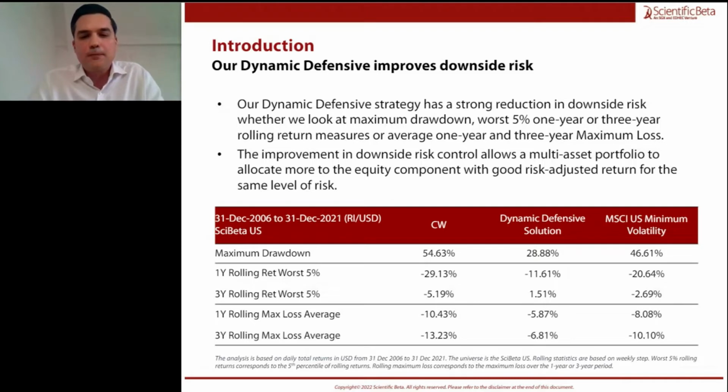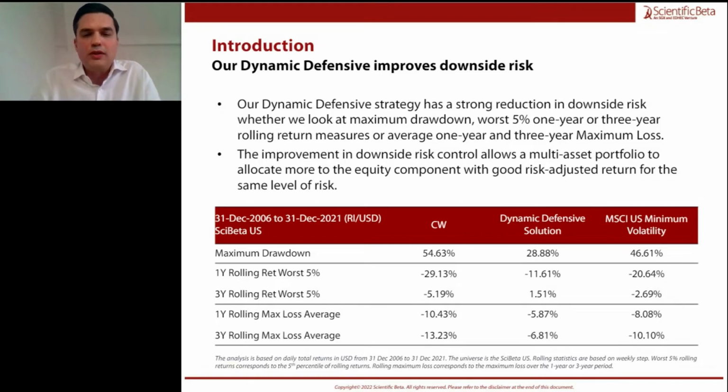You can see that the MSCI min-vol portfolio is indeed able to have a lower drawdown than the cap-weighted benchmark, but the dynamic defensive solution is able to go far beyond that. For example, it achieves a maximum drawdown of roughly half of what the cap-weighted benchmark is giving you.